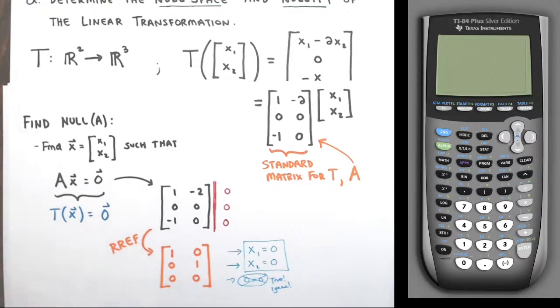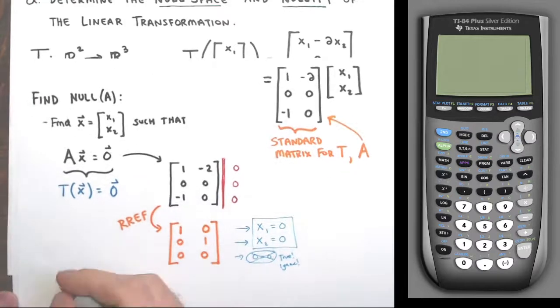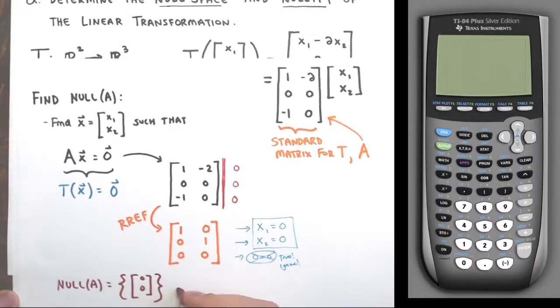So what we're seeing here is that the null space of A is the 0 vector, and that was exactly the same as the null space of T. So the null space of A was just that set with the 0 vector, and the nullity of A is just the dimension of the null space. And remember, I said before, this vector space with only the 0 vector in it has a dimension of 0.